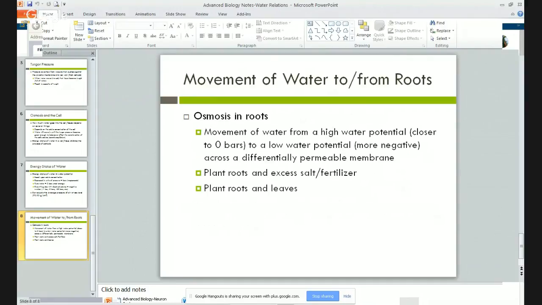Well, now your root has the higher water concentration, so water is not going to go into the root, rather it's going to leave the root and potentially dehydrate the plant, which would not be good. So it's going to cause your plant roots to shrivel up and die.